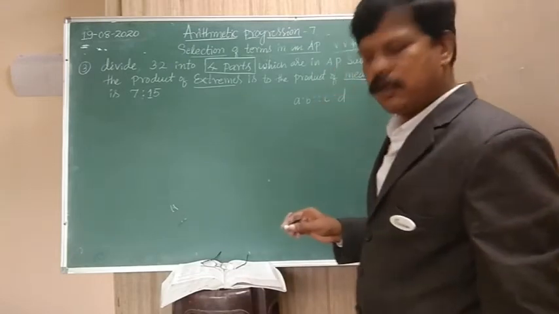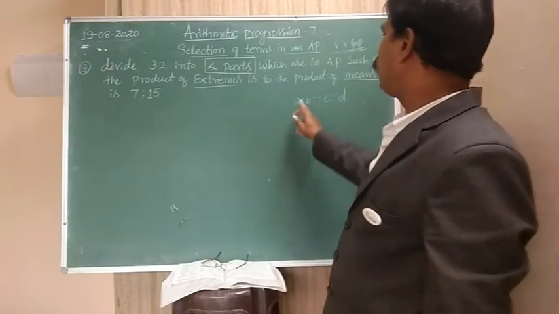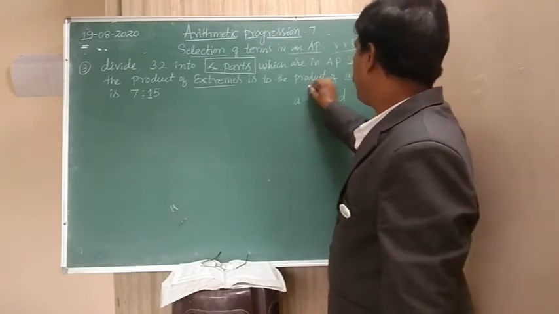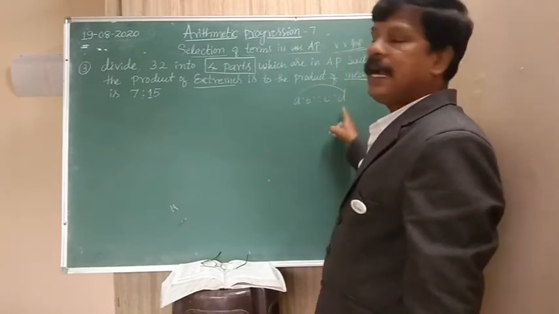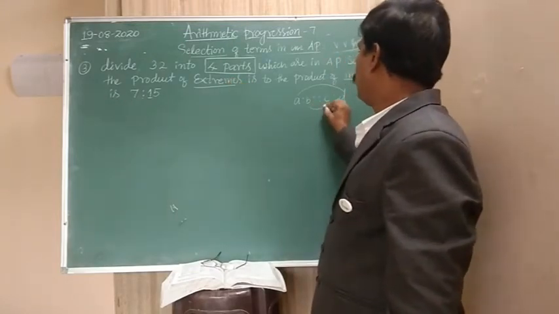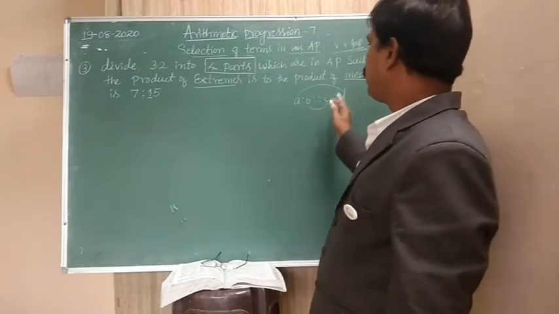So the 4 terms are in ratio. That means 2 ratios are equal. Then the 4 terms are said to be in proportion. Then you have studied that these two, A and D, are called extremes, and these two are called means. Right? So make use of that.